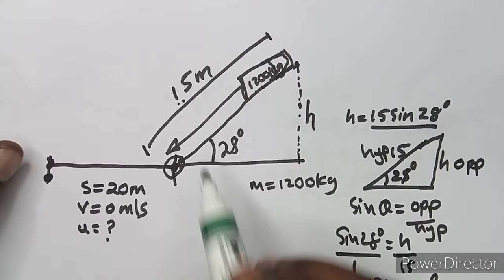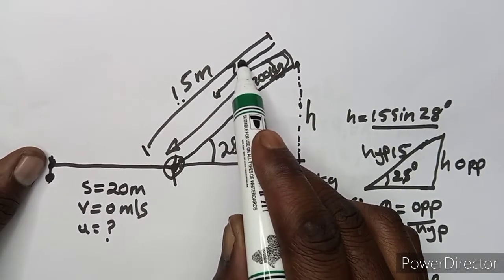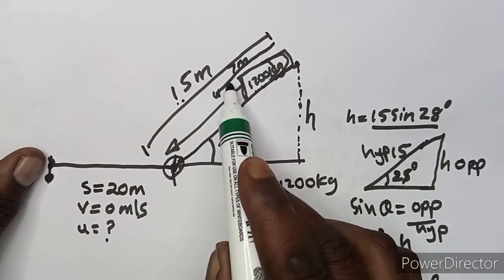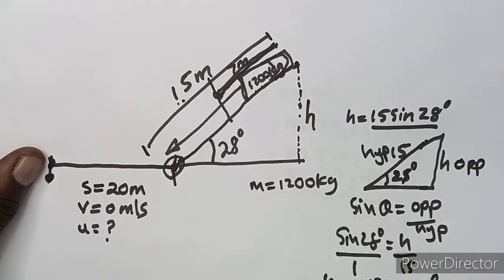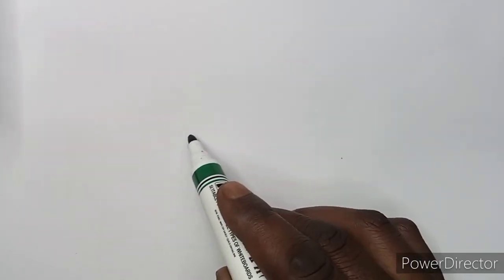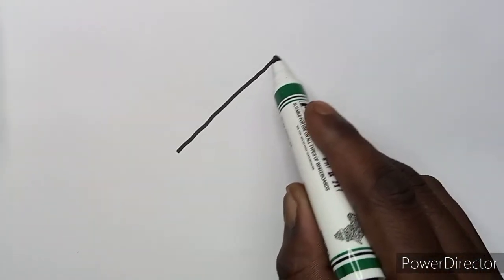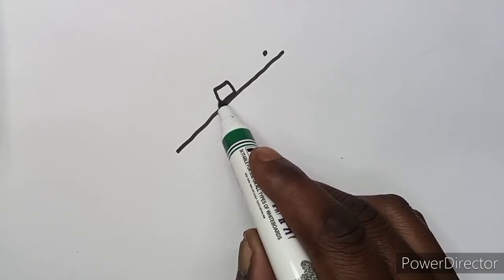All right, so if it is moving 7 meters down, which means initially we had 15, but now out of 15 we are going to remove 7 because it has moved 7 meters. Let me show you how the diagram is going to look now, because it was initially at this point, now it has moved, maybe it's at this point.